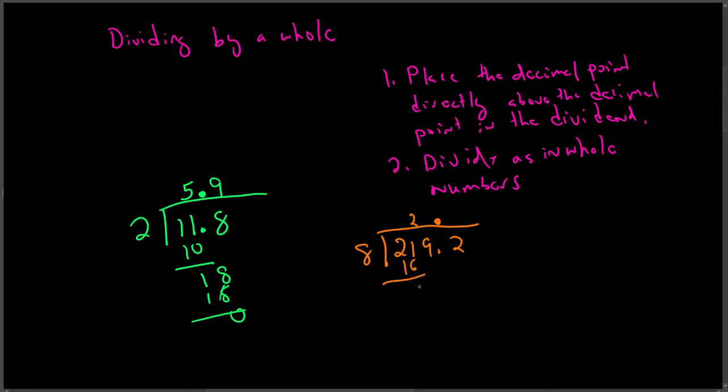I'll subtract. That gives me 5. Bring down my 9. 8 goes into 9 7 times. 7 times 8 is 56. I'll subtract, and I'll bring down my 2. 8 goes into 32 4 times. 4 times 8 is 32. And I have no remainder, and I'm done.